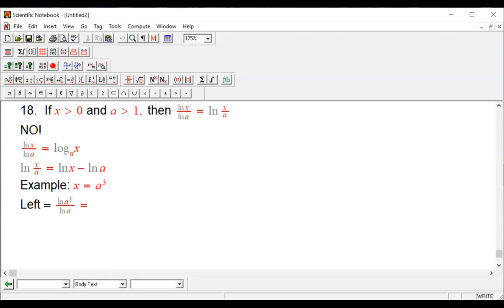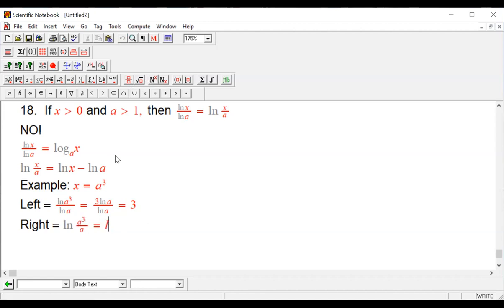And what would that be? The top is going to be 3 times ln a over ln a. So ln a and ln a reduce, that's a 3. And the right-hand side is ln, this is a to the power 3, right?